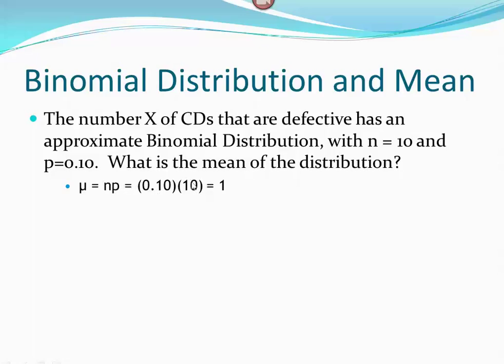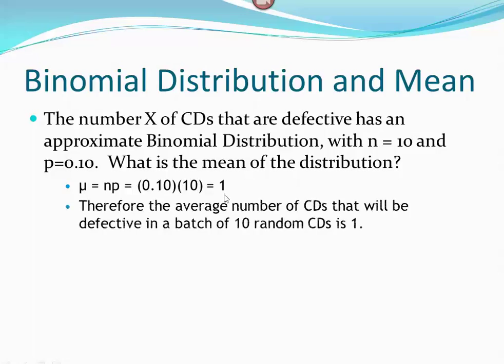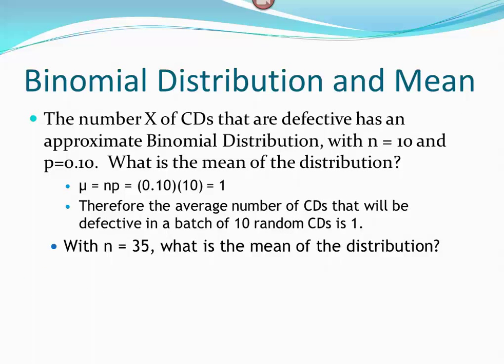So we have 10 times 10%, and the outcome is 1. Therefore, the average number of CDs that will be defective in a batch of 10, we would expect to see, on average, 1. I told you that they were simple.